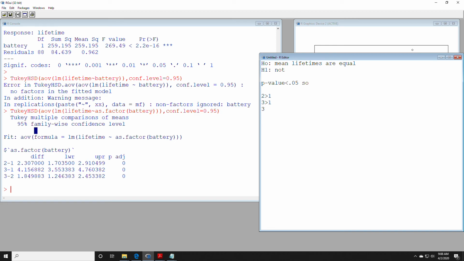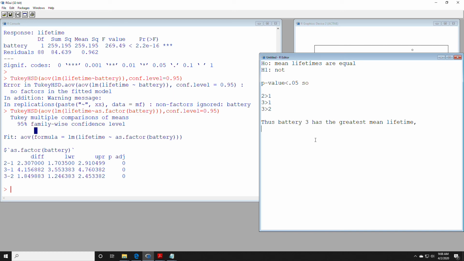We have evidence that 3 is greater than 2. Thus, 3 is greater than both 1 and 2. So battery 3 has the greatest mean lifetime.